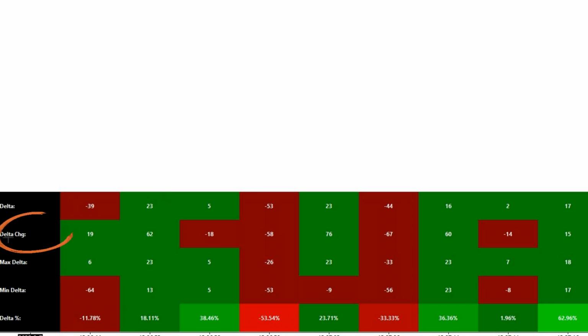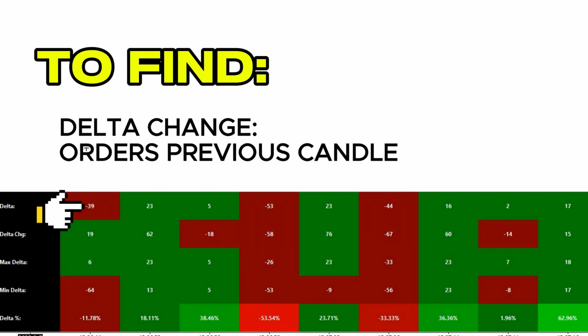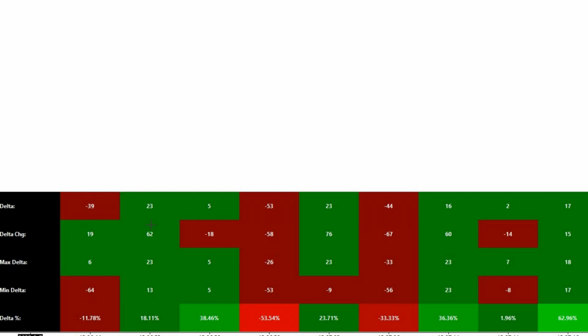Now, delta change is the difference between this candle and this candle, the difference in the strength of the previous and the current candle. As you can see here, there is a buying strength of 62 on the buying side. You can see that here is 23 and 39.